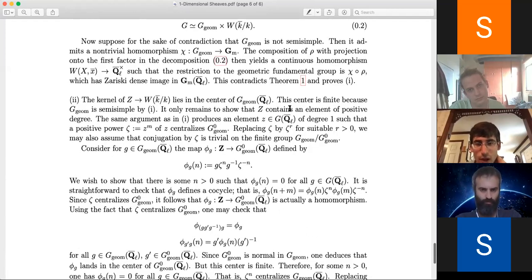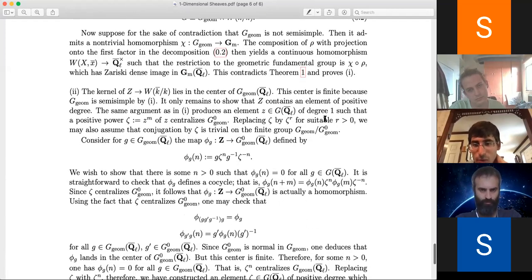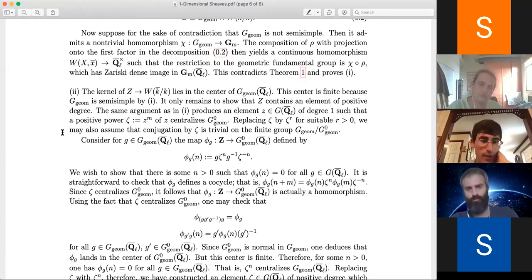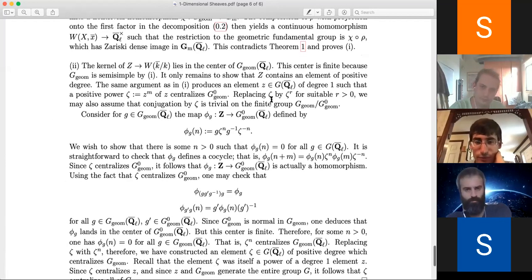So we have an element of degree 1 such that a positive power of it centralizes. Okay, so we had to use that if we have a connected reductive group, the automorphisms of it are inner times finite order. So it only centralizes the identity component of the geometric monodromy now. This is what's so finicky about this part: you have to deal with the disconnectedness.